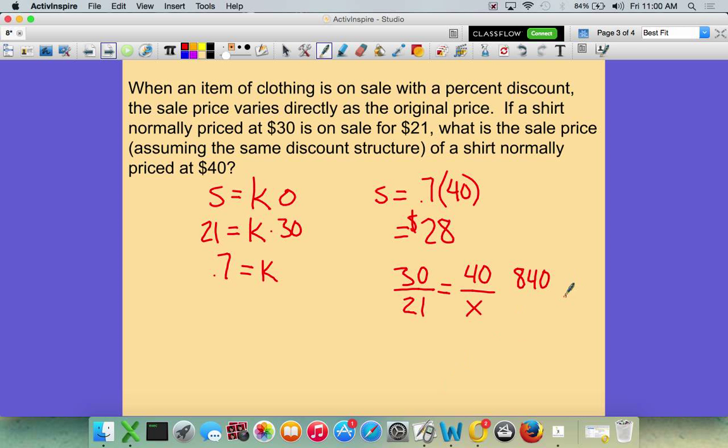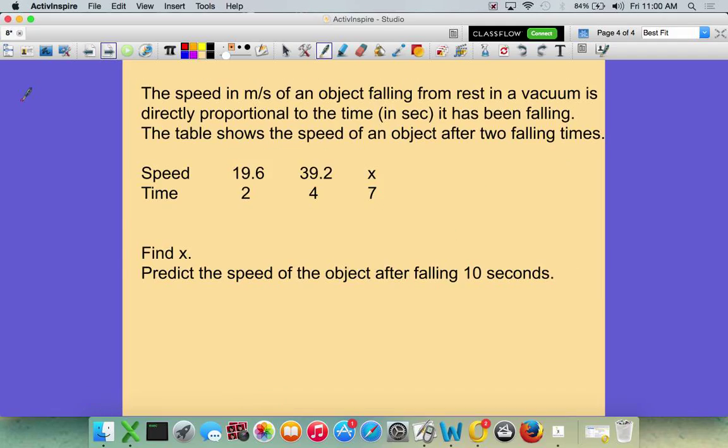No, 8,400. No, 840 equals 30 times x. And if you divide that by 30, we do end up with 28 also. So either way works here. It just depends on what the question is asking for which way you can do it.